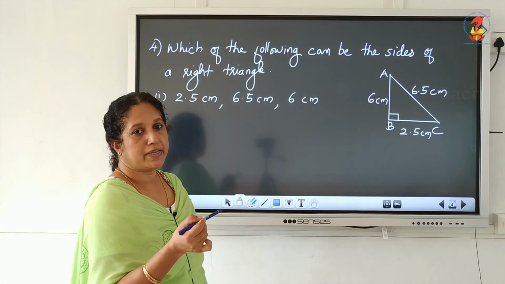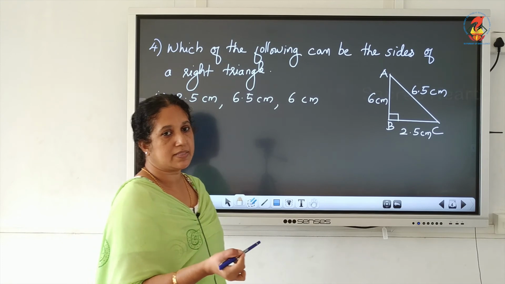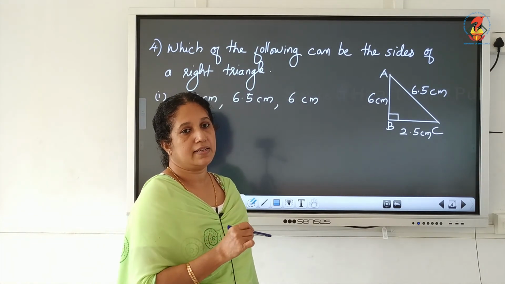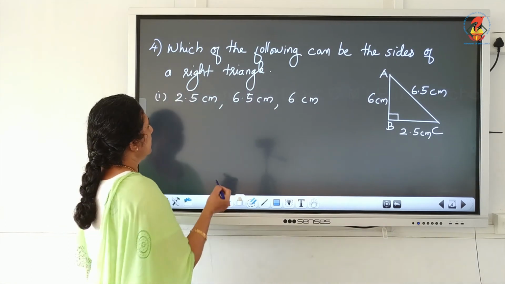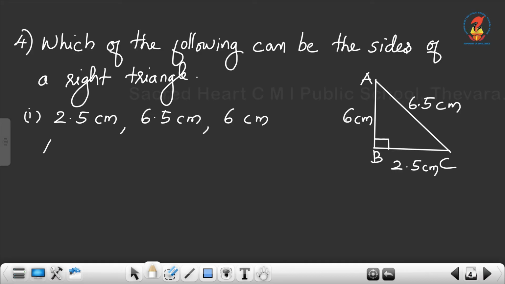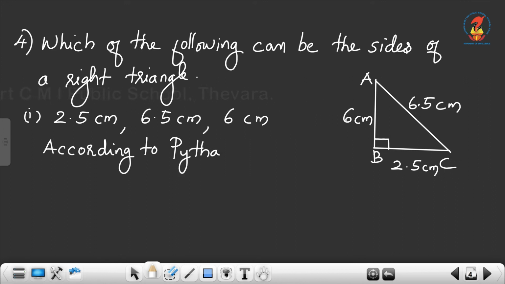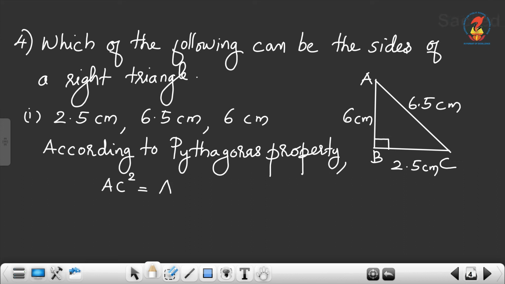Now we have to apply the Pythagoras property. If the given triangle satisfies the Pythagoras property, then the triangle is a right angle triangle. So according to Pythagoras property, the square on the hypotenuse, that is AC square, is equal to the sum of the squares on its legs, that is AB square plus BC square.